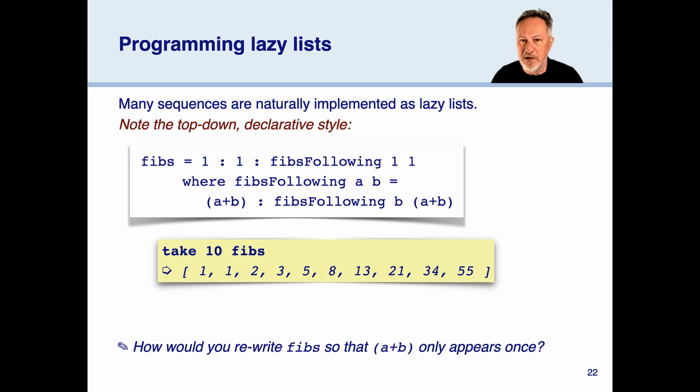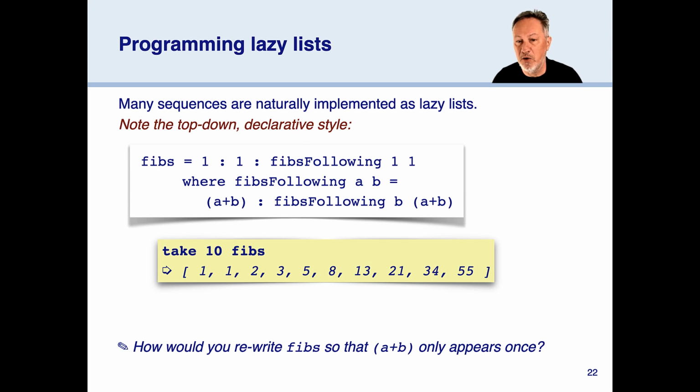So lots of sequences can be naturally implemented as lazy lists. Consider the following definition of the Fibonacci sequence. And here we're using a recursive function definition with a little helper function defined locally. So what are the Fibonacci numbers? They're 1, there's the list starting with 1, following 1, and then we want all the Fibonacci numbers that follow 1 and 1.